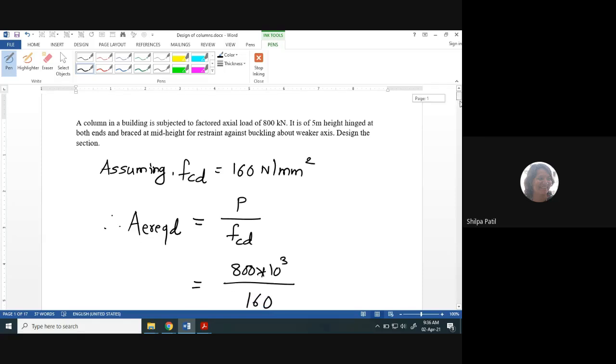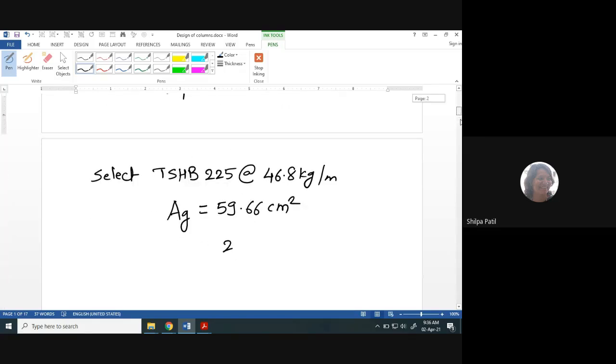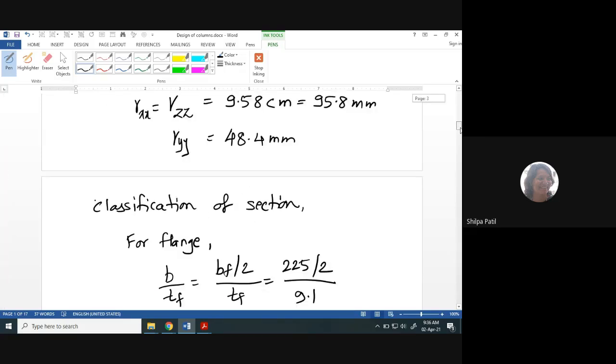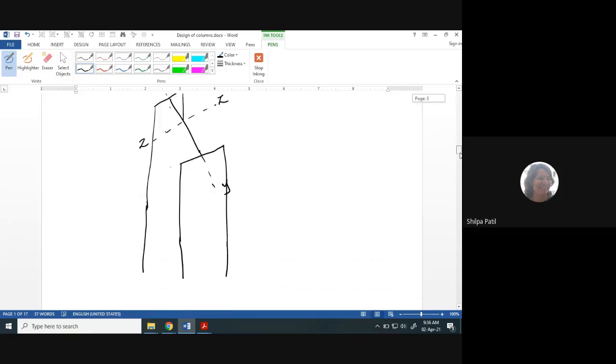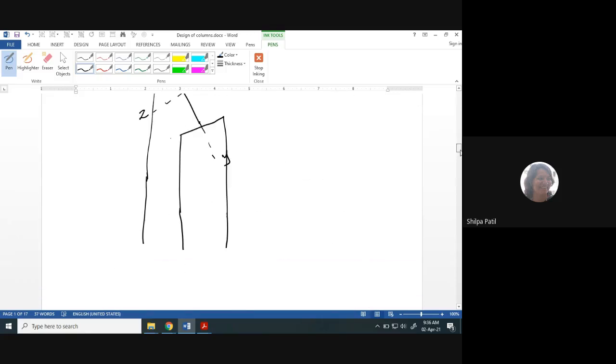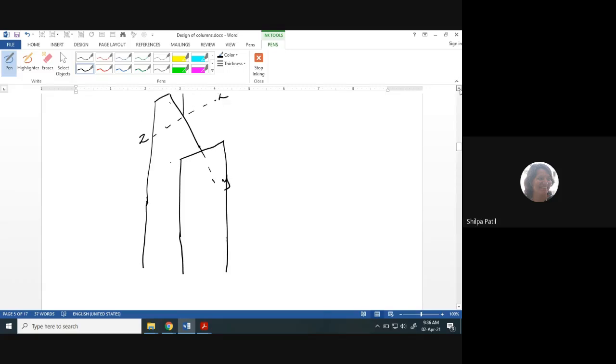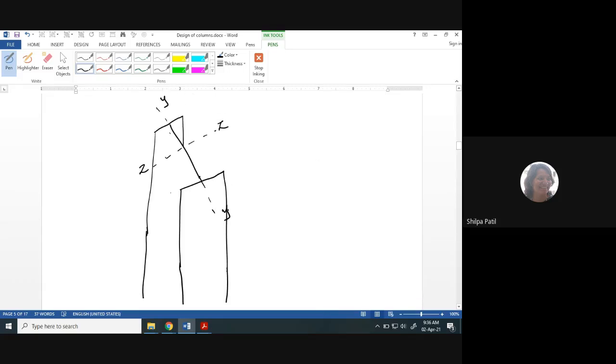So if I want to see the diagram here again, the YY axis, as it is a weaker axis, the buckling about YY axis, it will be like this. It will buckle like this. My column will buckle like this. Okay, about Y axis.